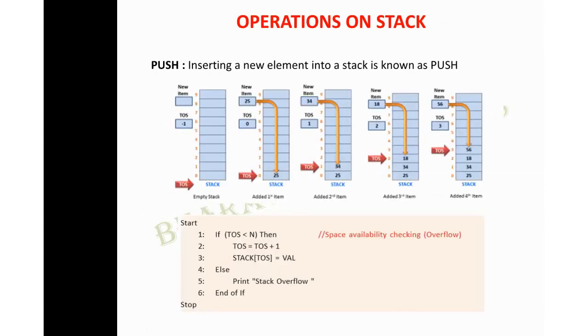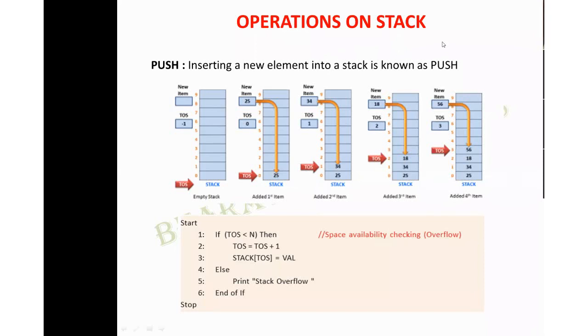Now look at this diagrammatic representation of the operations of a stack. The first operation is the push operation, which means inserting a new element into the stack. First, we have the concept of how it is created in memory, as shown in this diagram.